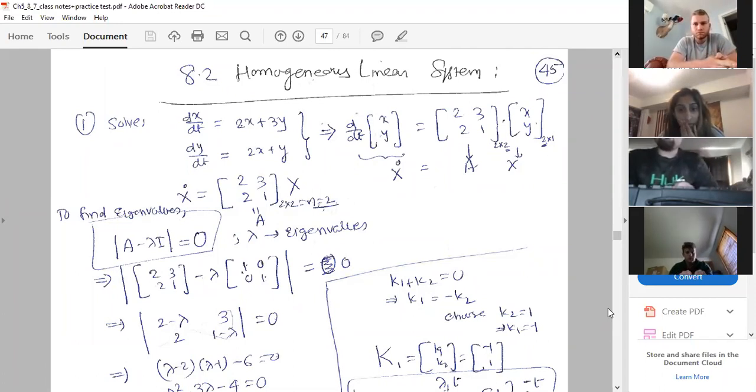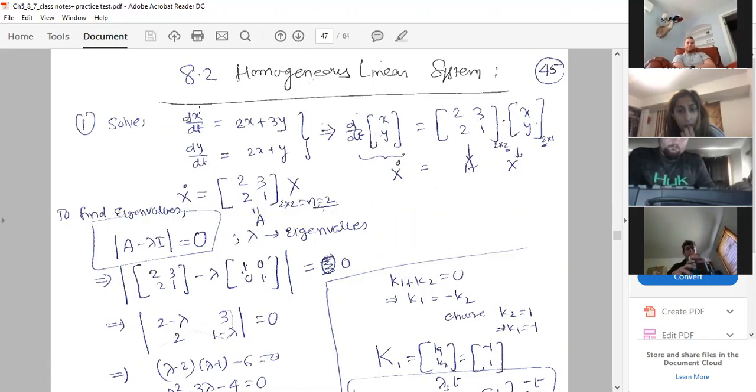Look here, guys. So homogeneous linear system of equations: dx by dt is equal to 2x plus 3y and dy by dt equal to 2x plus y.